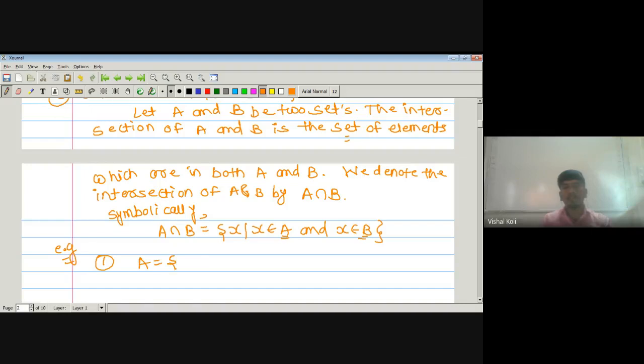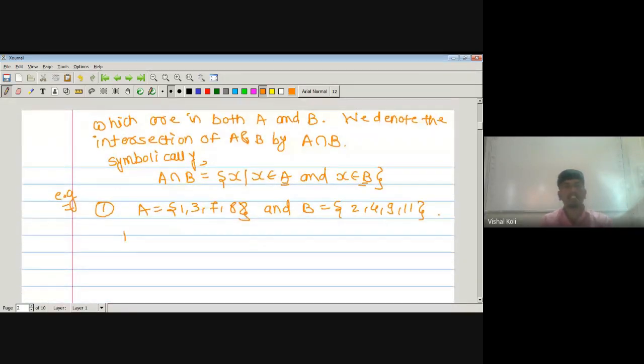if we take capital A as 1, 3, 7, 8 and capital B as 2, 4, 9 and 11, now if we find A intersection B, there is no element common between these two sets.